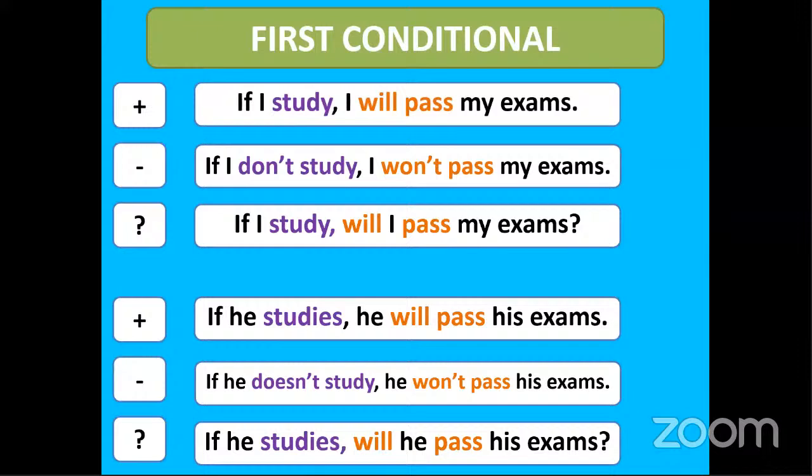As you can see in the second example, we work with the third person. Estamos trabajando con terceras personas. The subject is he. Don't forget, when we work with the third person, we need to apply the third person spelling rules. He studies. So if it is positive, we add the suffix ies. In the negative, the auxiliary is doesn't. You see, if he doesn't study. So this is the form of the first conditional.